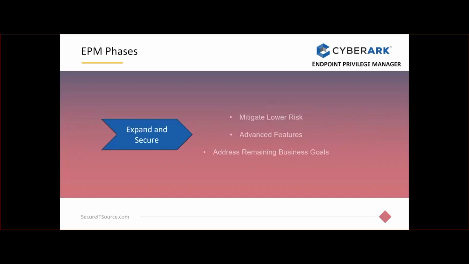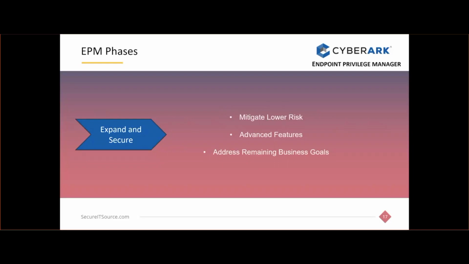So next, we'll get into expanding and securing. So at this point, we've deployed to the entire environment. We're aware of all our local administrators. We've ensured that every single workstation has EPM on the endpoint. Well, now we're going to take care of lower risk applications. This is going to be more like app control. So, maybe we have applications we only want launched from certain network locations.